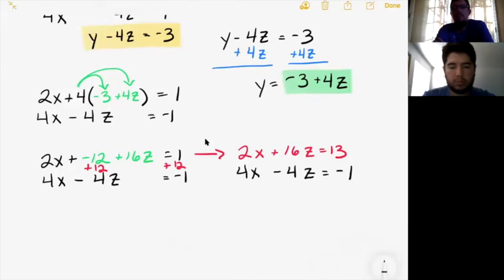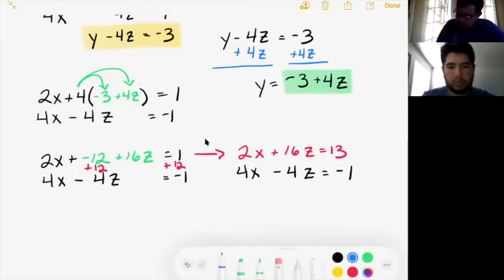You could multiply the top equation by 2, or negative 2. There we go. By negative 2, what will that eliminate? The x's. Good. So let's multiply the top equation by negative 2.